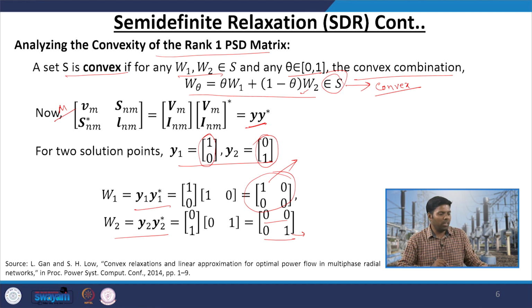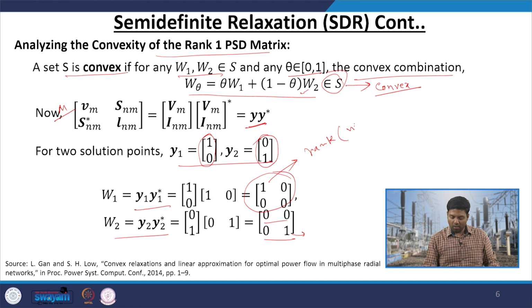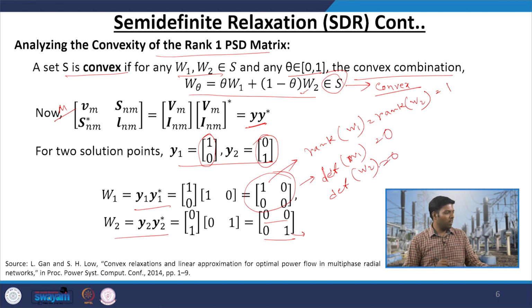So, the rank of W1 and the rank of W2 are both 1. Okay? Got it? Similarly, you can check it from the determinant as well. You determine the determinant of W1 and the determinant of W2, both are coming out to be 0. So, their rank can never be 2. So, their rank is 1.